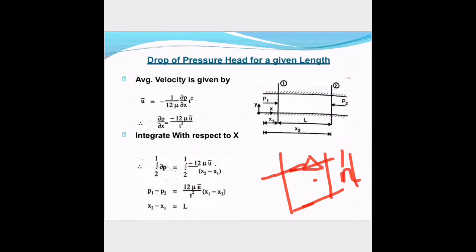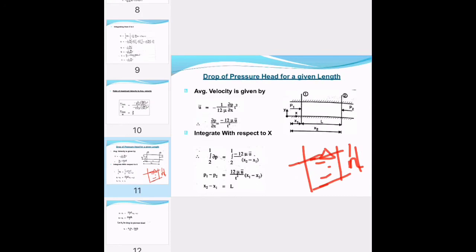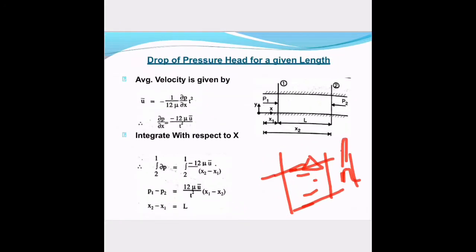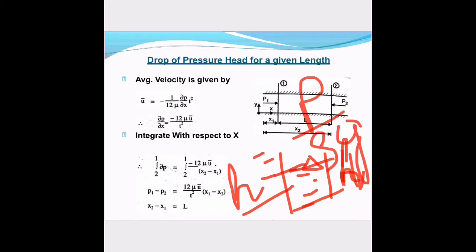So that is u bar equal to minus 1 by 12 mu del p by del x t square. So from this equation, if you find del p by del x, then it will be minus 12 mu u bar by t square.